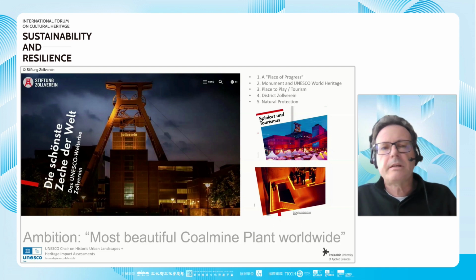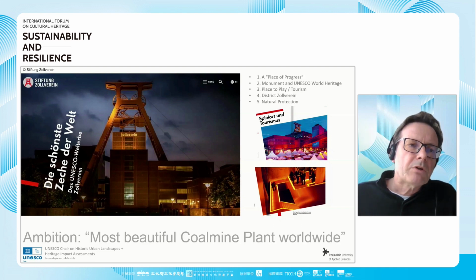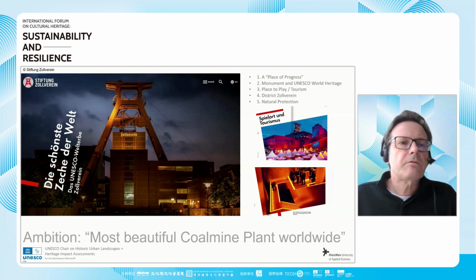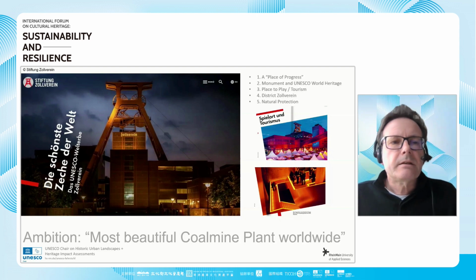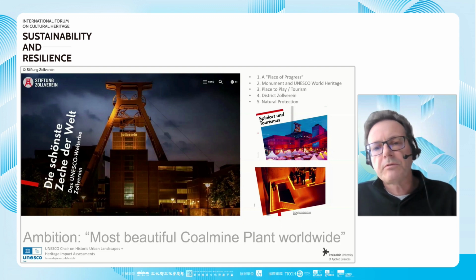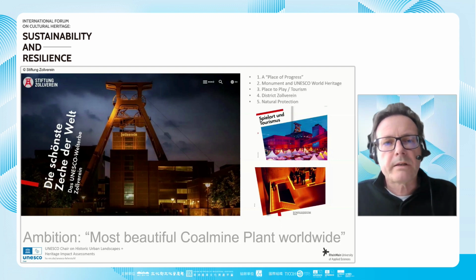And one of the mottos of the institution running Zeche Zollverein currently is that Zollverein should be the most beautiful coal mine plant worldwide.